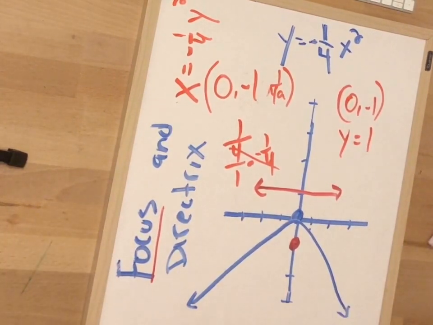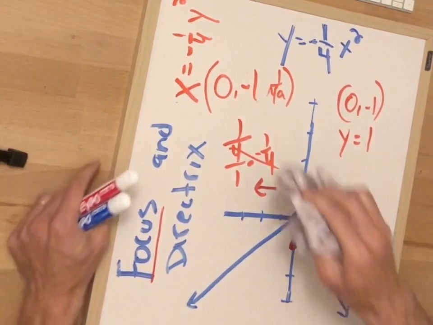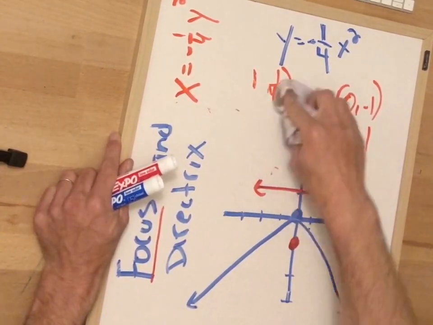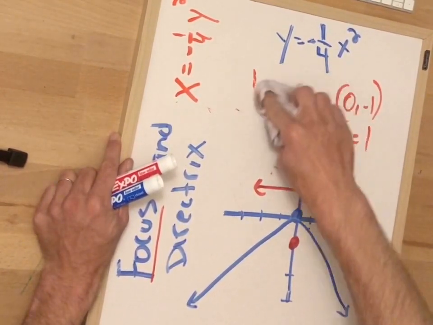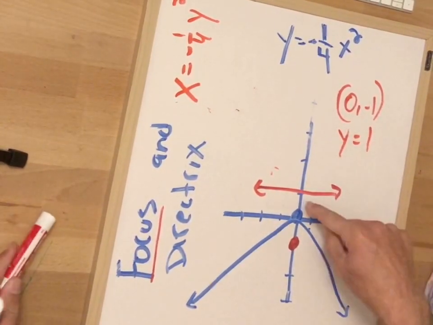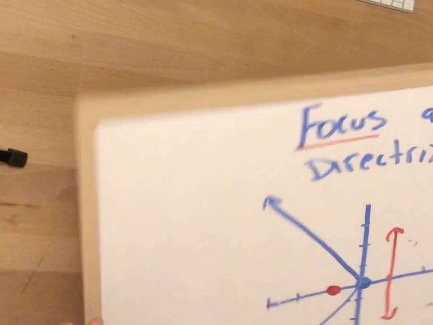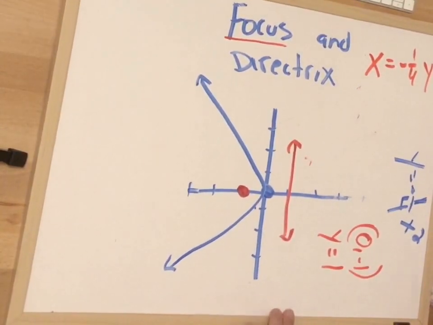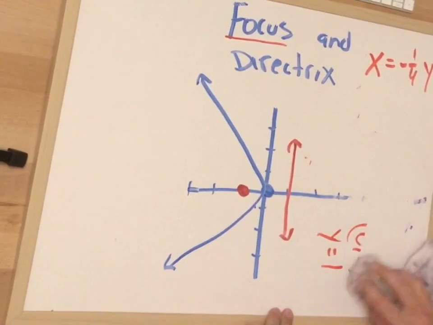But the kicker is you've got to flip it. Because remember, in the very beginning, our original equation was not this, it was this flipped over. So this was my original equation right here.